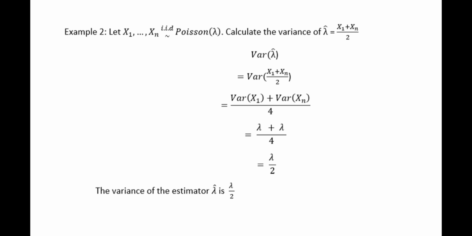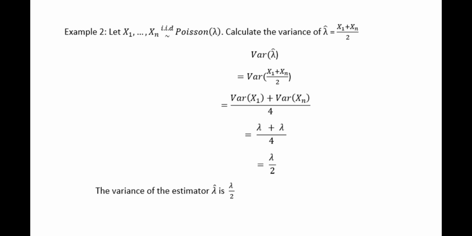Example 2. Let X1 to Xn be IID from a Poisson distribution with parameter lambda. Calculate the variance of lambda hat equals the mean of X1 and Xn. So you plug in the estimator like in example 1 to calculate the variance of the mean of X1 and Xn, and since the X's are independent, the variance of X1 plus Xn can be separated into the variance of X1 plus the variance of Xn.